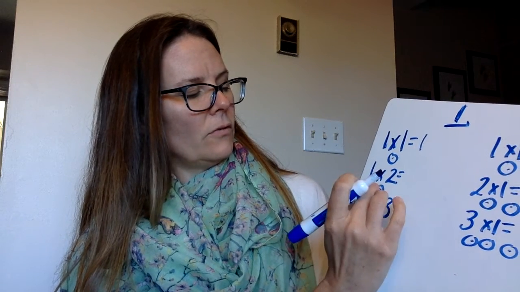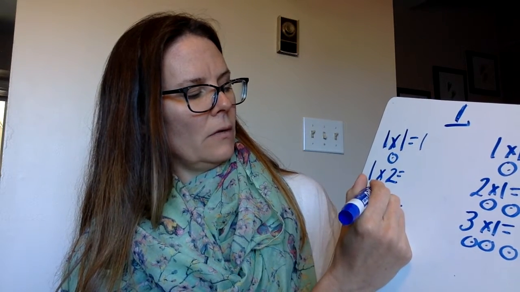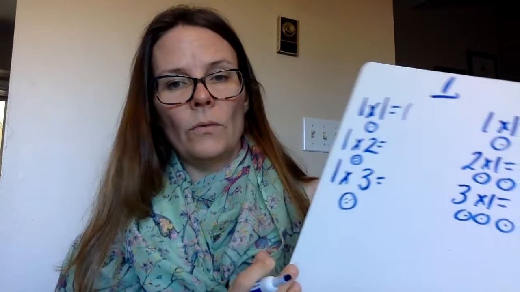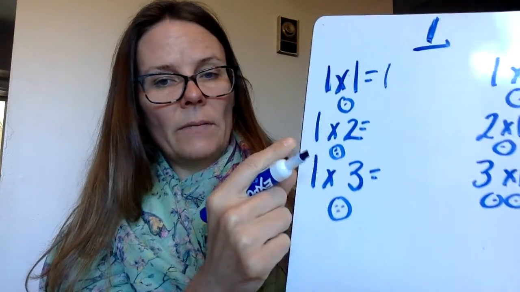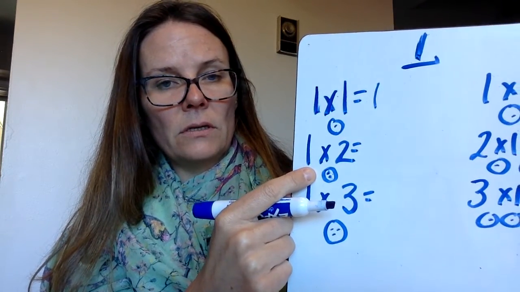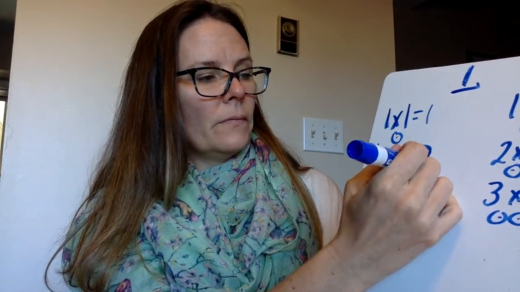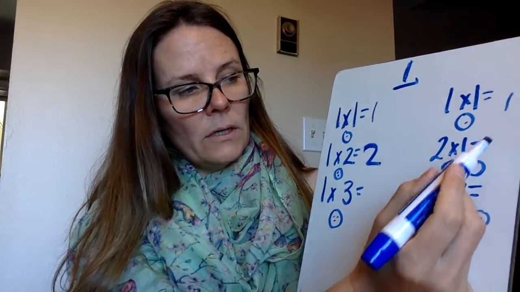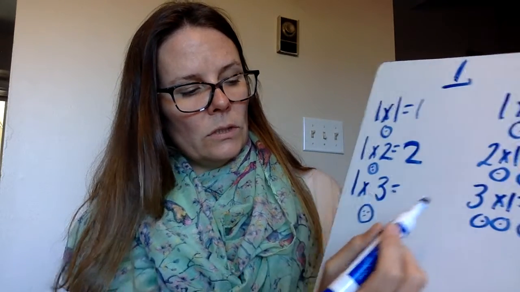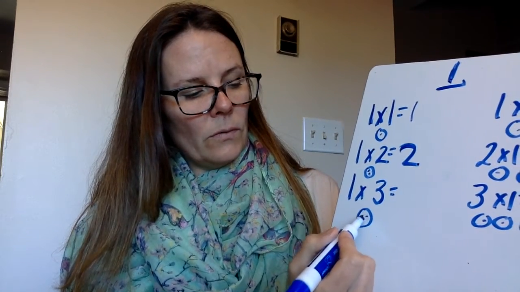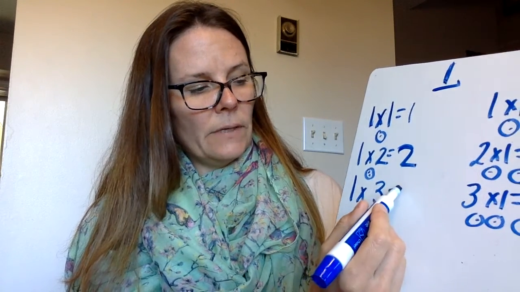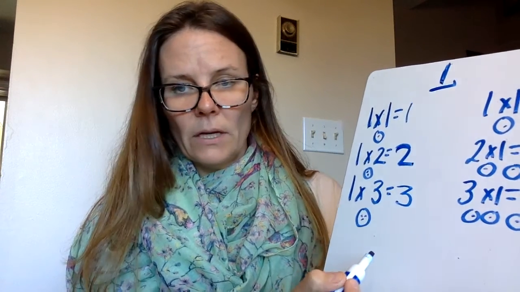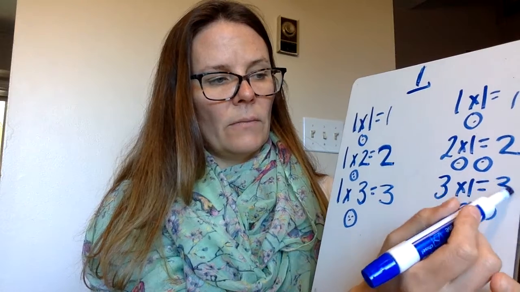Oh, you can't really see the drawing. Sorry, my picture's tiny. One group with 2 in it is going to give me how much? 2. That's right. 2 groups with 1 in each gives me 1, 2. One group with 3 in it is going to give me 3. Or 3 groups with 1 in it is going to give me 3.